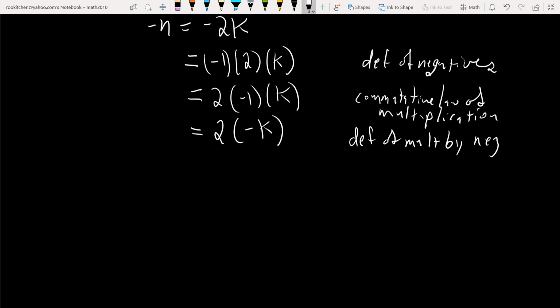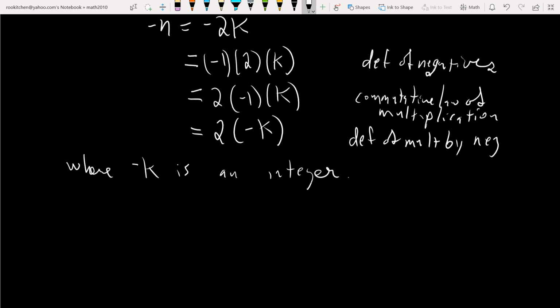Anyways, now we have it, right? We have 2 times some integer. We need to state that this thing right here, this negative k, is an integer. So negative k is an integer, because it's the product of 2 integers, negative 1 and k in particular.